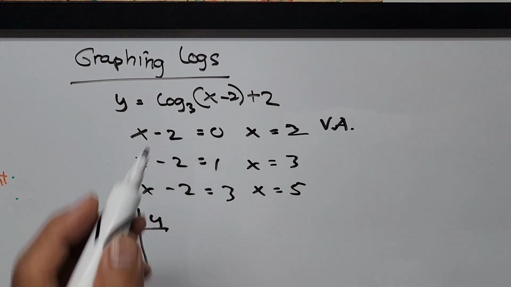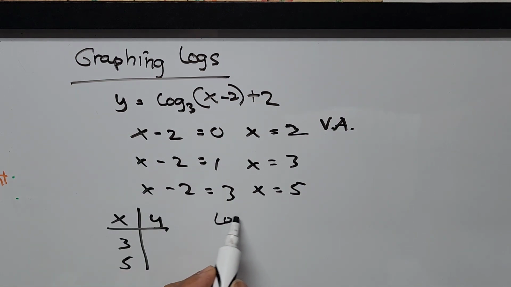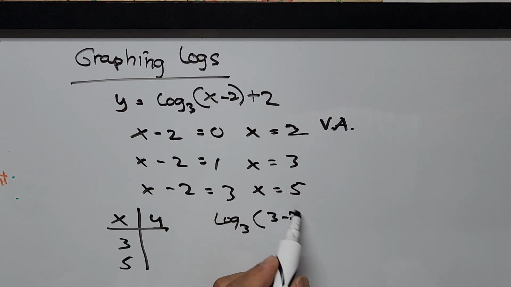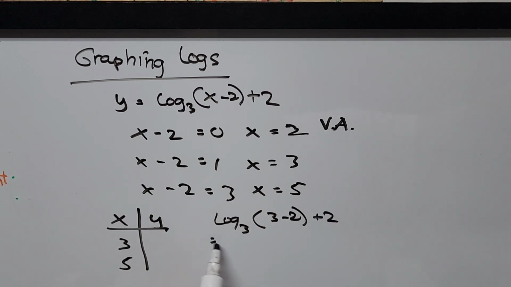Substituting 3, we have log base 3 of (3 - 2) + 2. So 3 minus 2 is 1, log base 3 of 1 plus 2. Log of 1 is 0, so this is equal to 2. So y is 2.